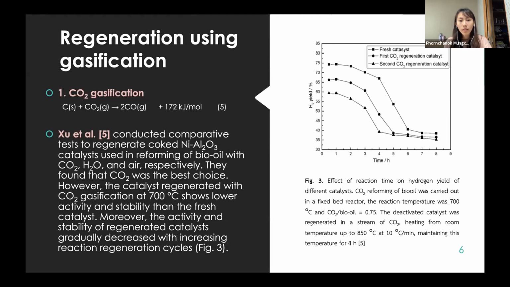They found that carbon dioxide was the best choice. However, the catalyst regenerated with carbon dioxide gasification at 700 Celsius showed lower activity and stability than the fresh catalyst. Moreover, the activity and stability of regenerated catalyst gradually decrease with increasing regeneration cycle in figure 3.